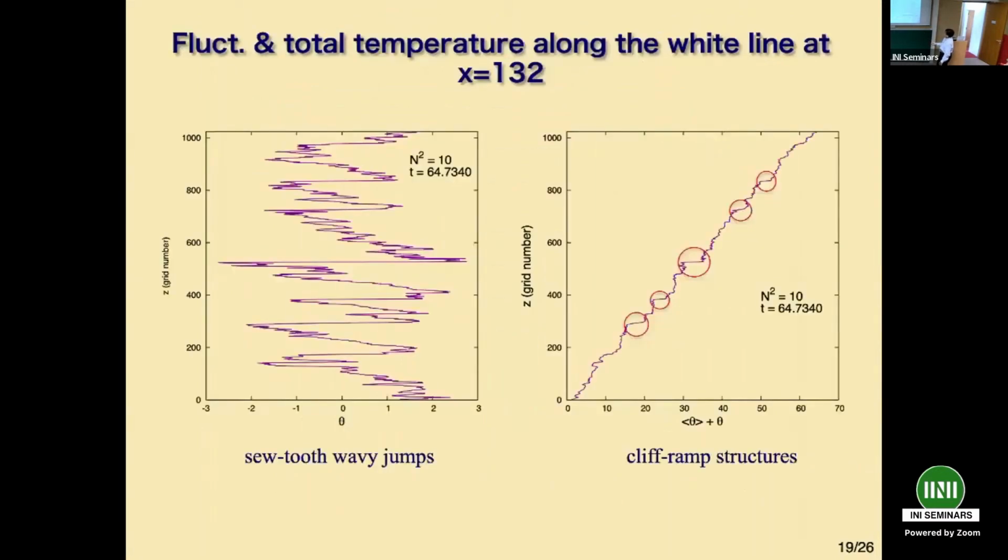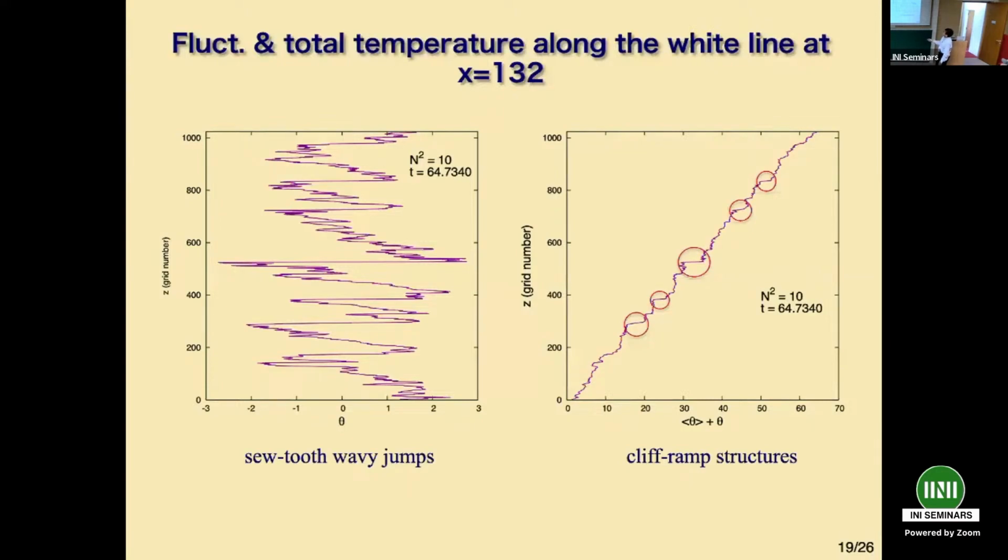It's very interesting. We see some slow oscillation, but in one direction it is rather flat.